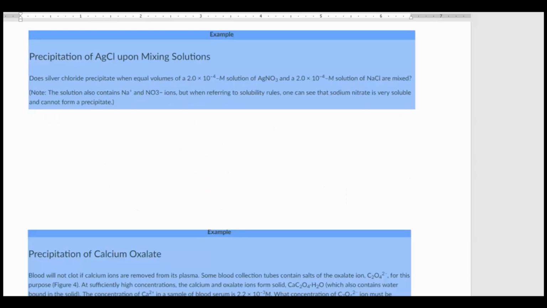So let's work another one. Here we have silver chloride. Silver chloride is a generally insoluble compound. It's slightly soluble. And the K value is going to be dependent on the concentration of the silver times the concentration of the chlorine. Now here we're told that we have a 2.0 times 10 to the negative 4 solution of silver nitrate.